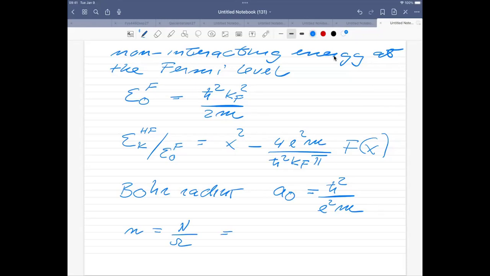We can calculate that one as an integral up to kf of k squared dk. And then we have an angle part, d theta, sine theta, and d phi, if you're doing this in spherical coordinates. And then I have to remember that this comes also with a factor, which is 1 over 2 pi cubed.